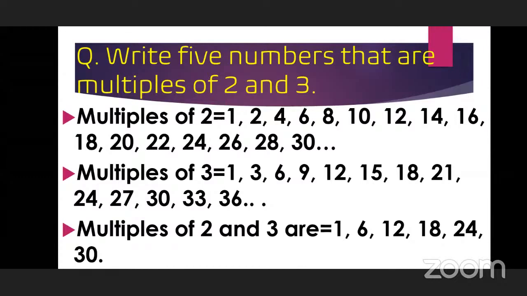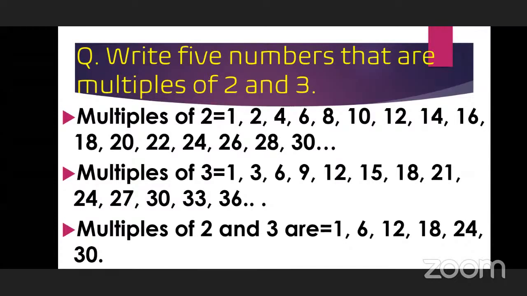Next, we have to find the multiples of 3. Then we count the table of 3. The multiples of 3 are 3, 6, 9, 12, 15, 18, 21, 24, 27, 30, 33, and 36.